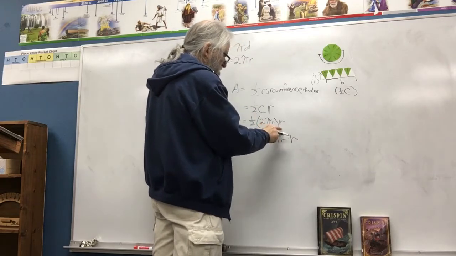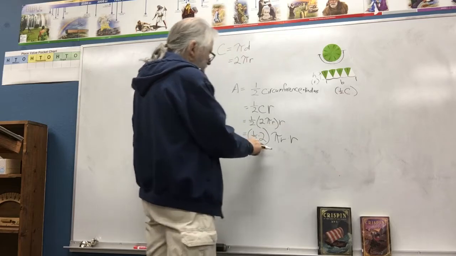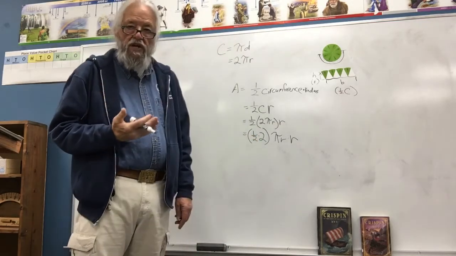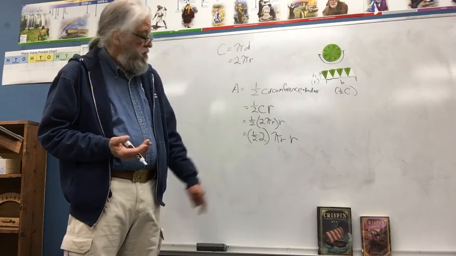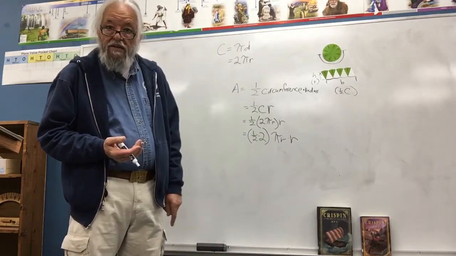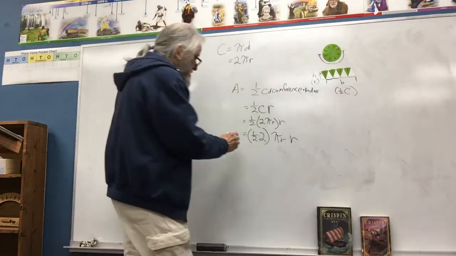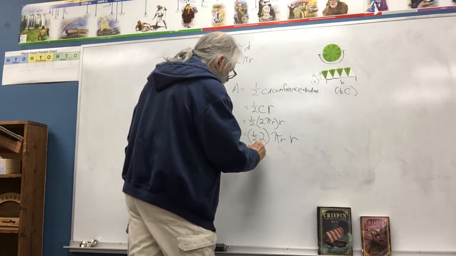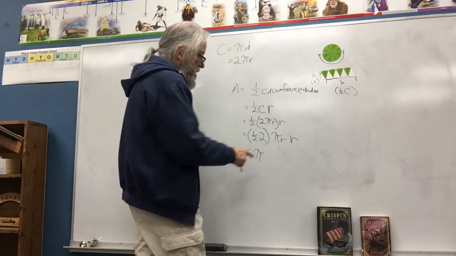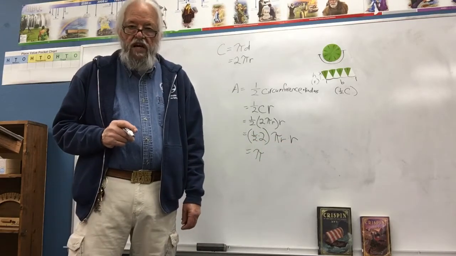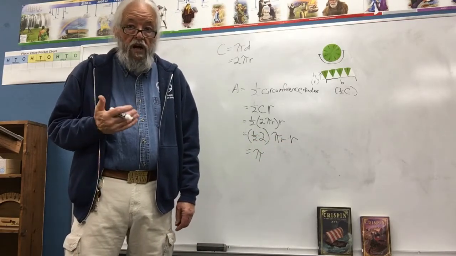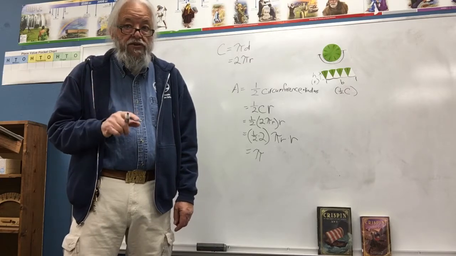So pi r and the other r. 1/2 times 2 is 2/2, which is 1. 1 times pi is pi. And r times r, now here's where some of you guys made a mistake the other day. R times r is not 2r.